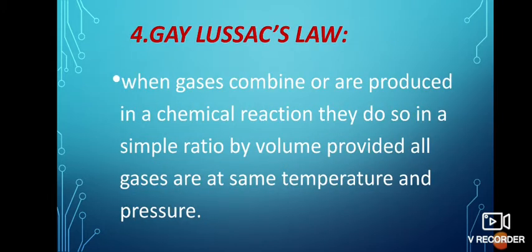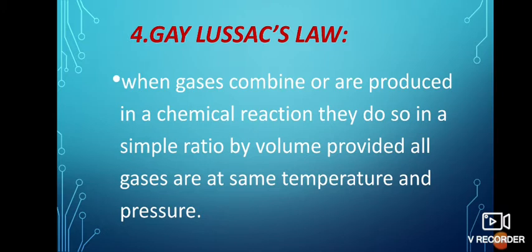Now our next law is Gay-Lussac's law. It states that when gases combine or are produced in a chemical reaction, they do so in a simple ratio by volume, provided all gases are at the same temperature and pressure.